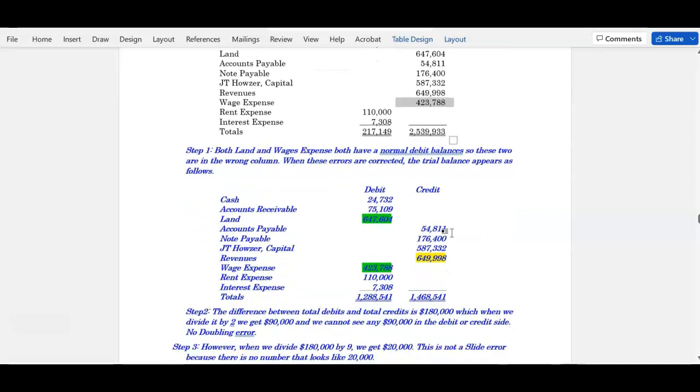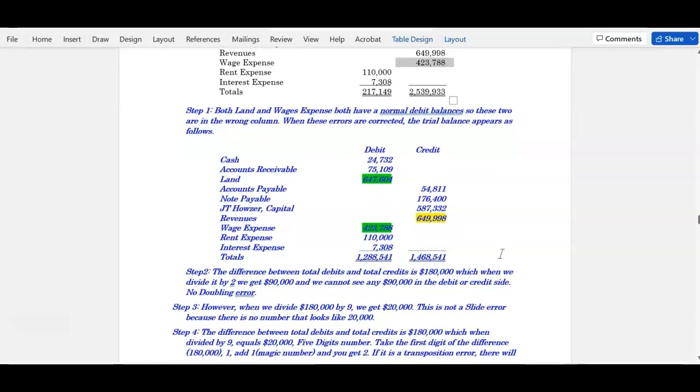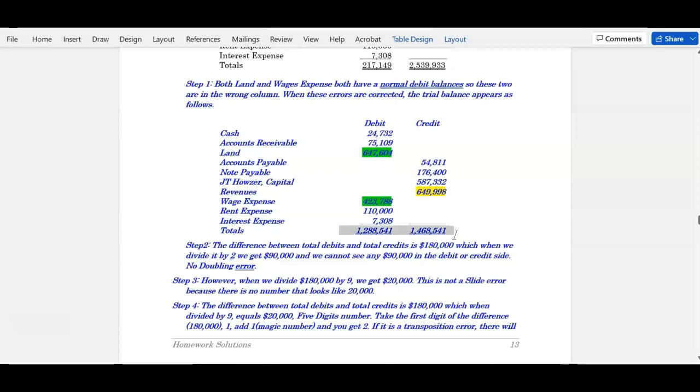And then put them in the right spot and add them up. Should be correct now, right? But wait a moment. It is not correct again. So you got 2 problems fixed, but still it is messed up. Okay, then move on to step 2.